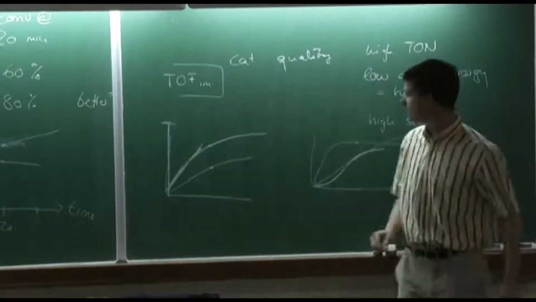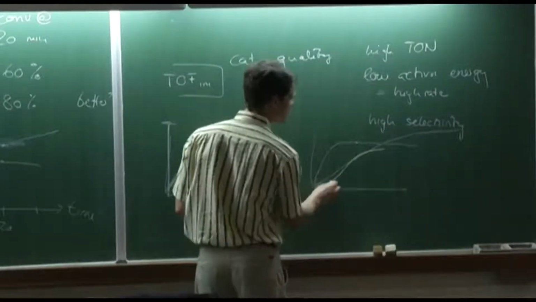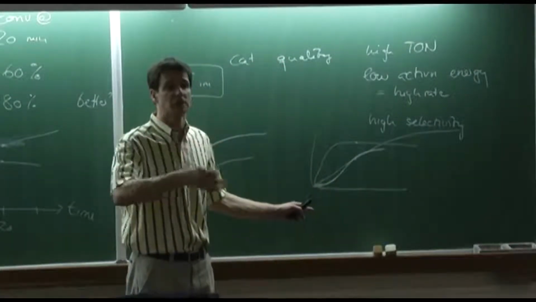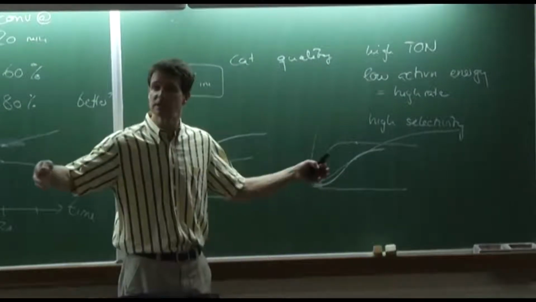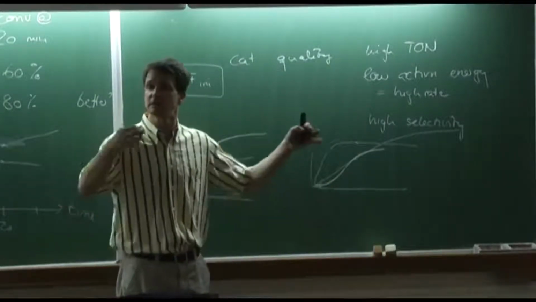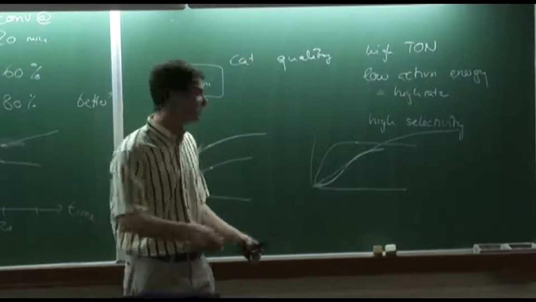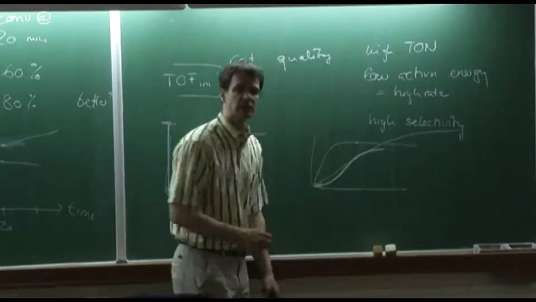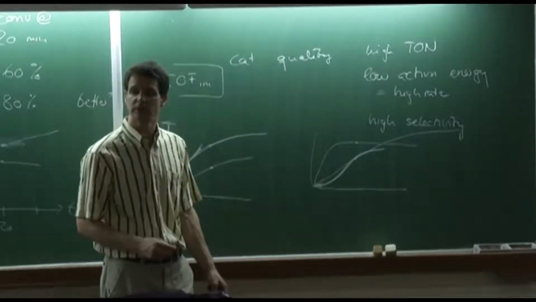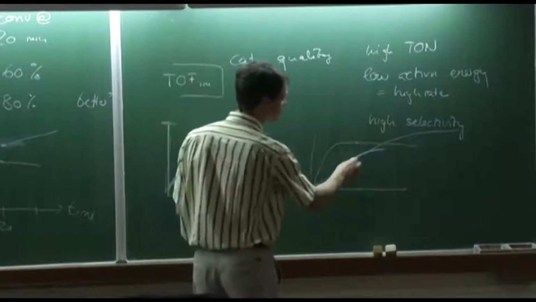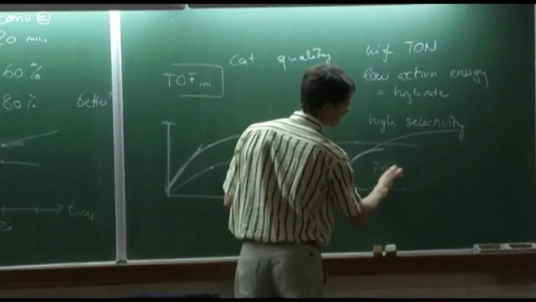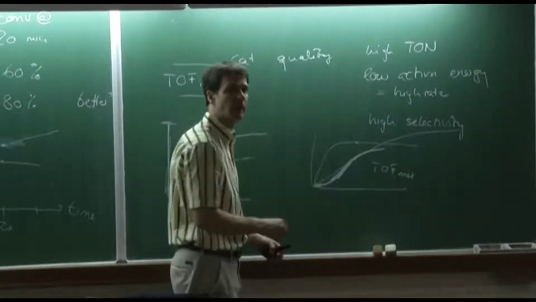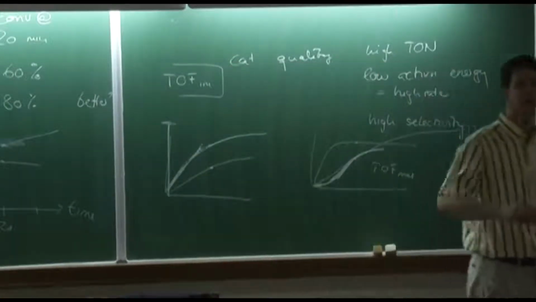Then there's a lag time, and the curve gets slightly sigmoidal, because the catalyst needs to get activated, and this is Gaussian distributed, so not all catalyst enters the active state at time X. So you get little conversion at the beginning, and then the catalyst reaches its full potential. There you can have the TOF max. You take where the catalyst is in fullest swing, where the slope is steepest.